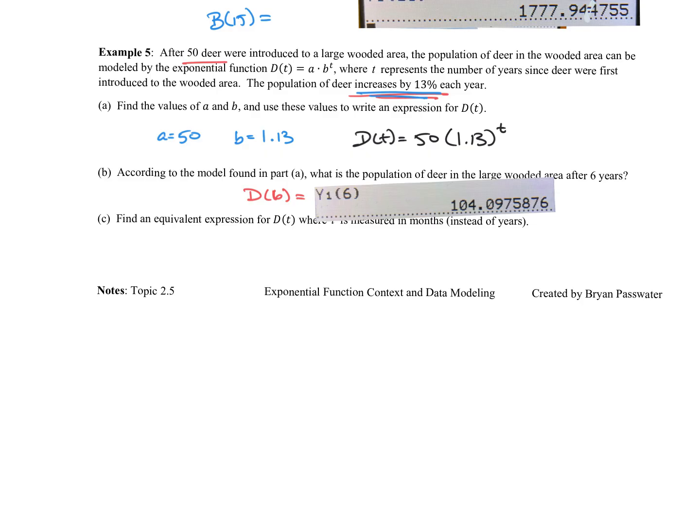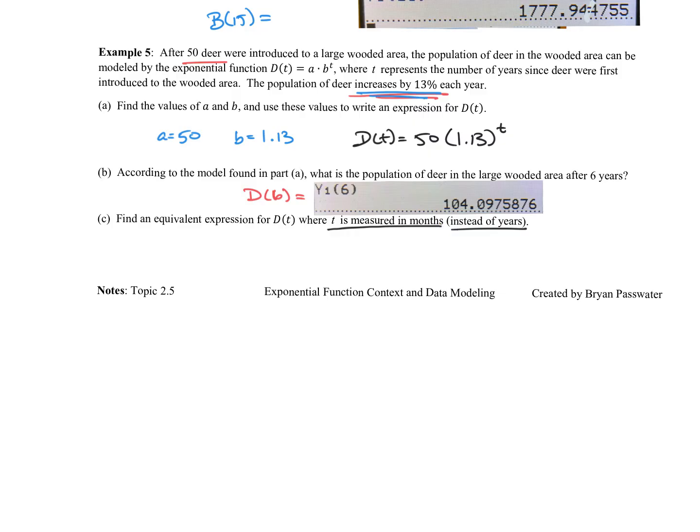Let's talk about part C. Find an equivalent expression for d of t, where t is measured in months instead of years. This equation is in terms of years, and now I want it in terms of months. How many months are there in a year? 12.